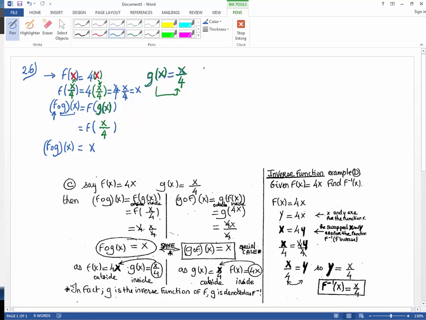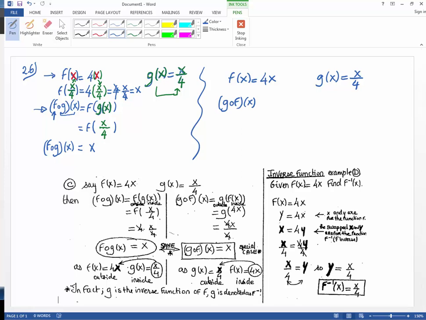Now let's go ahead and find, in a similar fashion, given again f of x is 4x and g of x is x over 4, let's go ahead and find this time not f composed with g of x, but how about g composed with f of x? Let's see what we get in that situation. g composed with f of x.